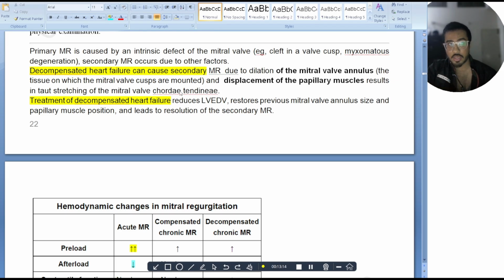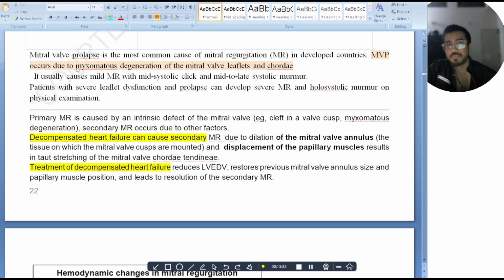There is a primary mitral regurg, or there's a mitral regurg secondary to another cause. Primary mitral regurg occurs when there is a problem with the mitral valve itself. For example, mitral valve prolapse due to myxomatous degeneration of the valve can lead to mitral regurg. That's a primary cause.